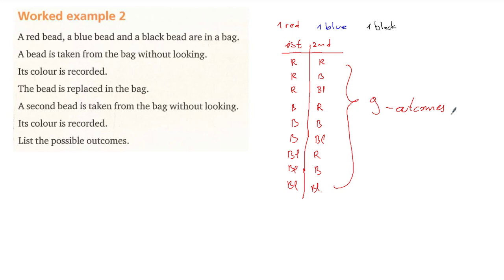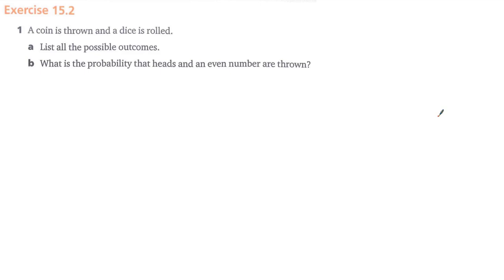Great. Let's continue to another exercise. A coin is thrown and a die is rolled. List all the possible outcomes. So we first toss a coin and throw a die. As we know, the coin has 2 sides, so it will be either heads or tails. The die, we suppose it's a regular die, has possibilities 1, 2, 3, 4, 5, or 6.